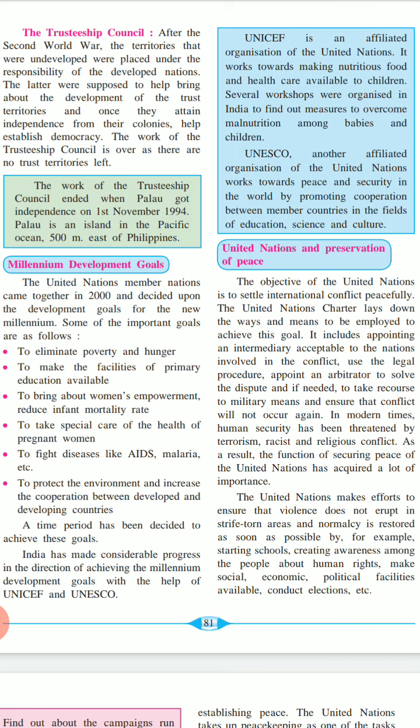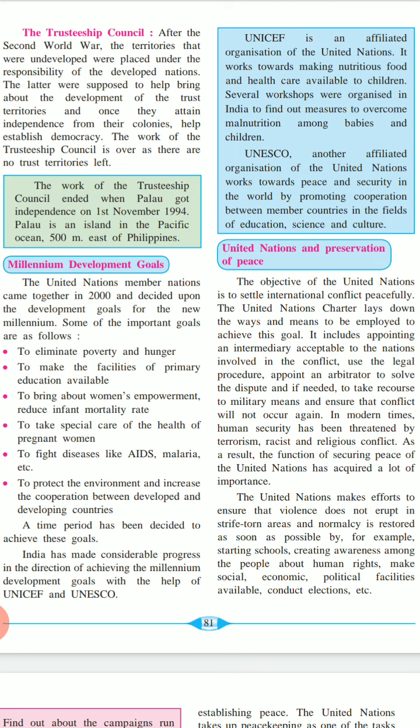After such a decision was taken during the Millennium Development Goals, all the nations of the United Nations started achieving it as early as possible. So they made progressive steps related to that topic. India also made considerable progress in the direction of achieving the Millennium Development Goals, but that too with the help of UNICEF and UNESCO.